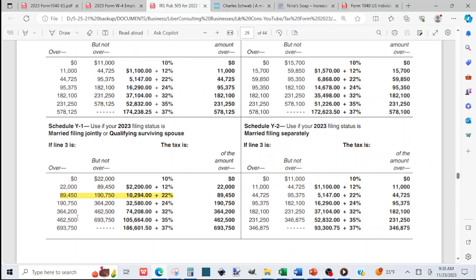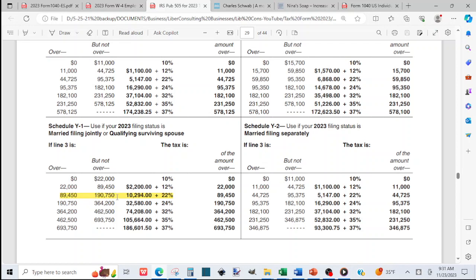So you want your income to be at least the amount starting the bracket or more, but less than the amount ending the bracket. So 113 or 114 is within 89,450 and 190,750. Therefore, you found the bracket.